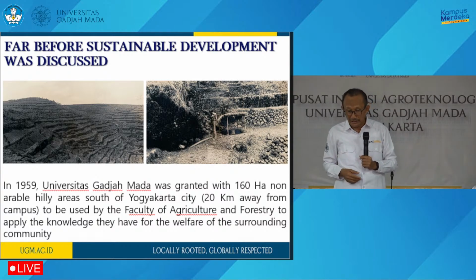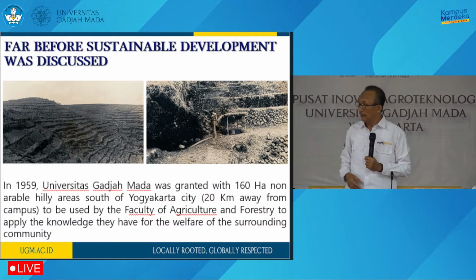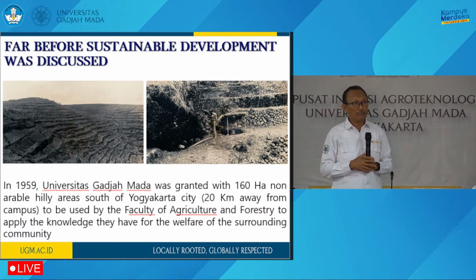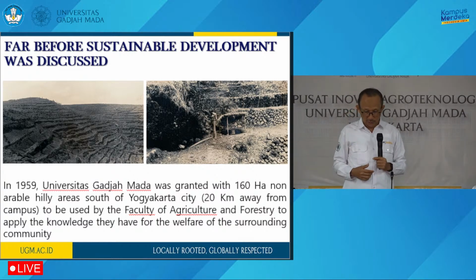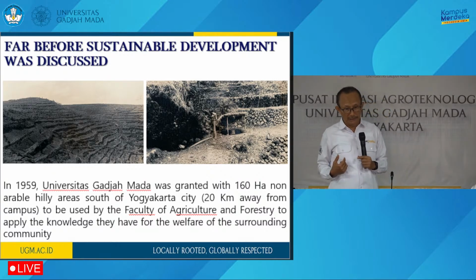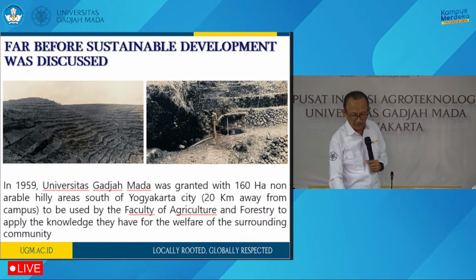We cannot grow anything there. We can see here that it is very dry, and the erosion is very high also. Then we started to convert this by applying the knowledge that we have for the welfare of the community. And this is the result.